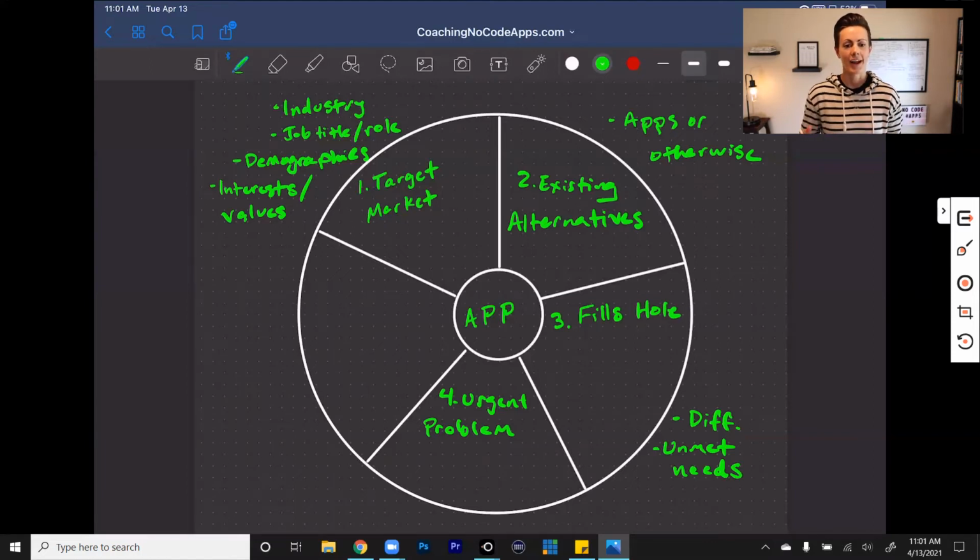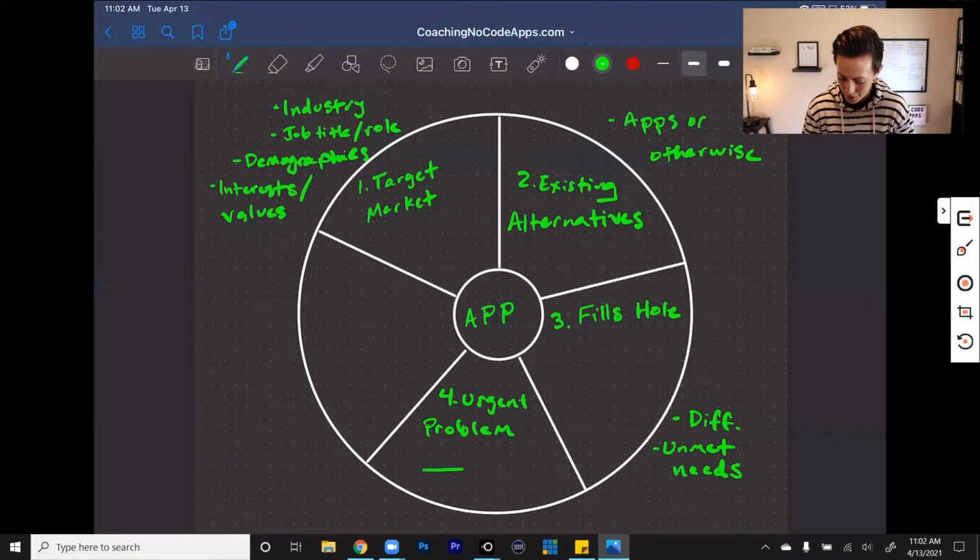You can think about apps that maybe add some level of convenience, maybe that are geared towards entertainment or something like that. And yes, you can be successful without solving a really urgent problem, but it's easier for you to get started if you've identified a problem with some level of urgency.